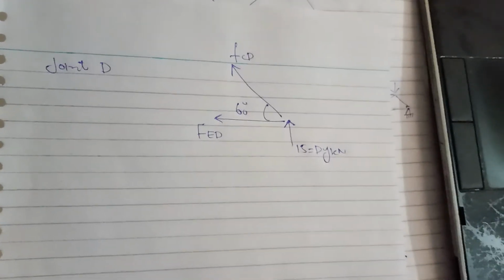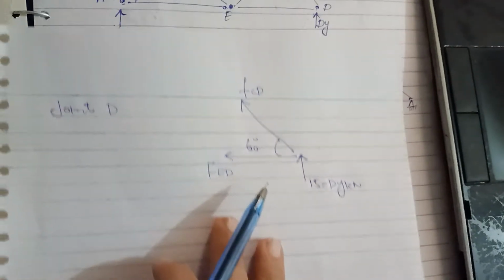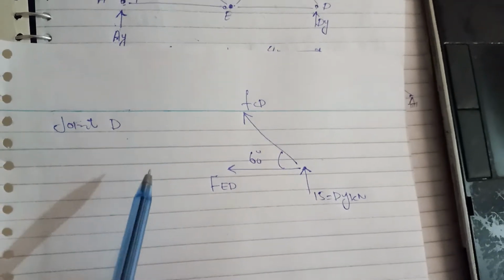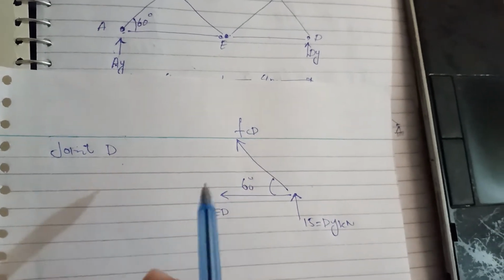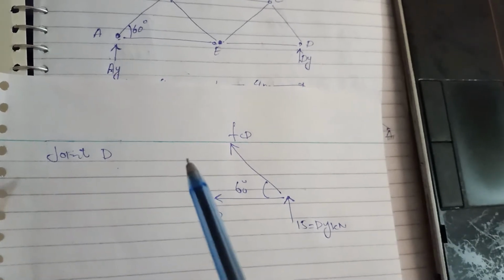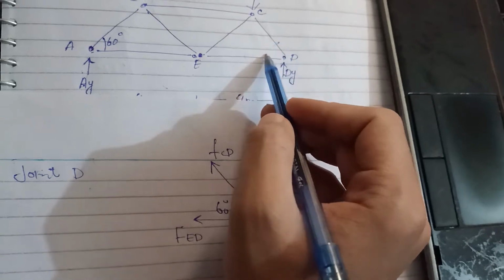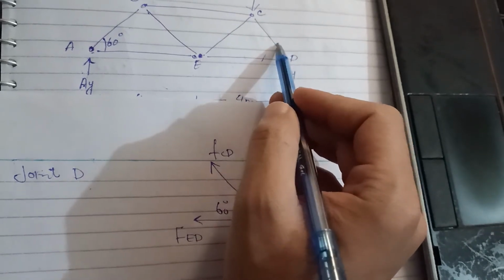Now you have to find the other member forces, and I use joint D, as I have told you, always use the joint that has two unknowns. So there are two unknowns, that is CD and ED.